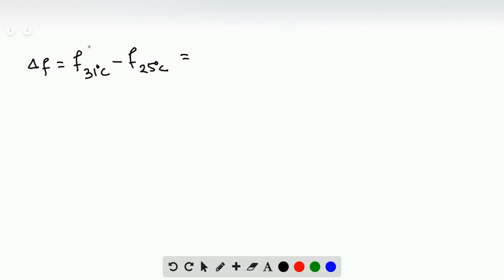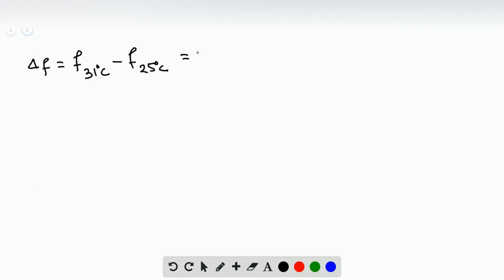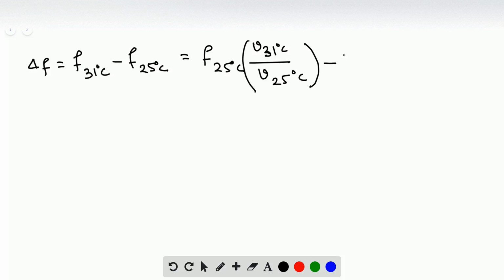So we have found an expression for this. If we put it there, we'll have frequency at 25 degrees Celsius, then our velocity at 31 over velocity at 25 Celsius, minus frequency at 25 degrees Celsius.